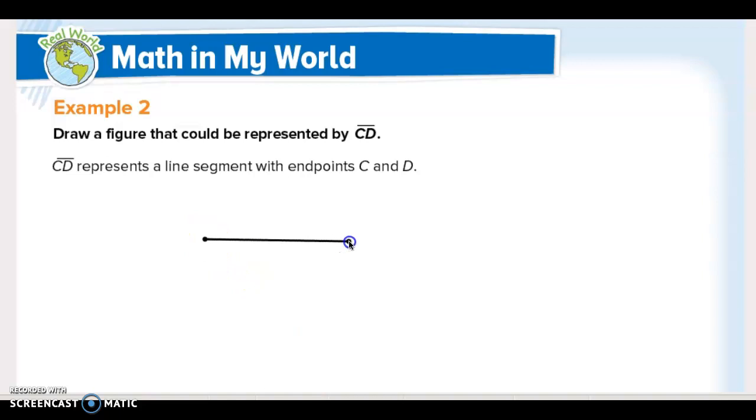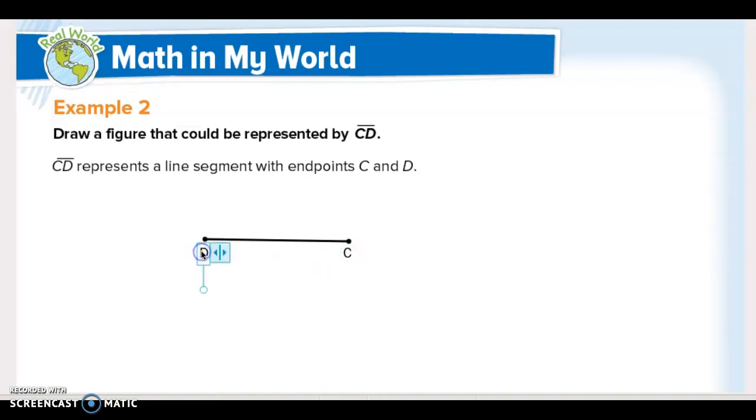So here are my endpoints. I'm going to add a point. Oh, we don't need to add a point. They already have our points for us. But I do need to add my point letters. So I'm going to do this one, since a line segment can go either direction. I'm going to make this one D, and I'm going to make this one C. It's not incorrect.